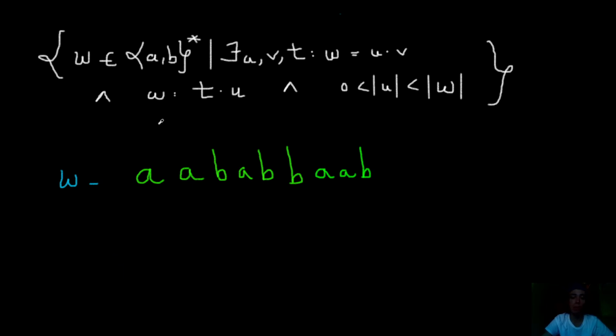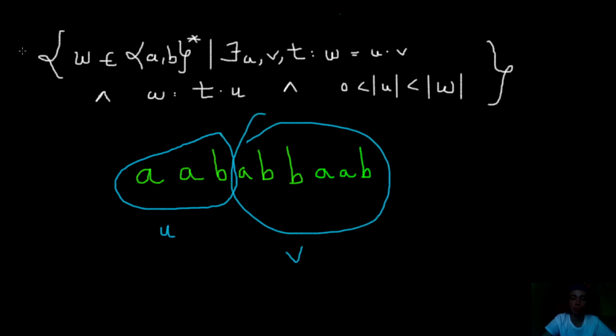Now keep in mind, if we do the decomposition in the formalization, then this is the u, and this is going to be the v, and then in the other decomposition, this is the suffix u, and this is the prefix t.